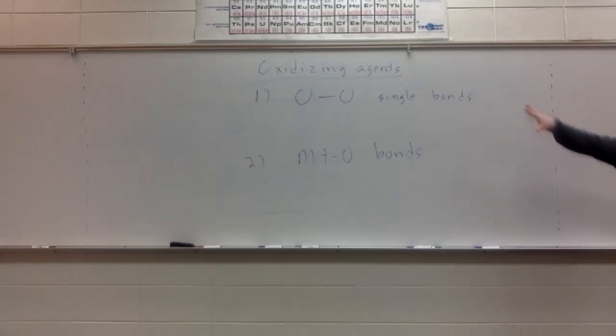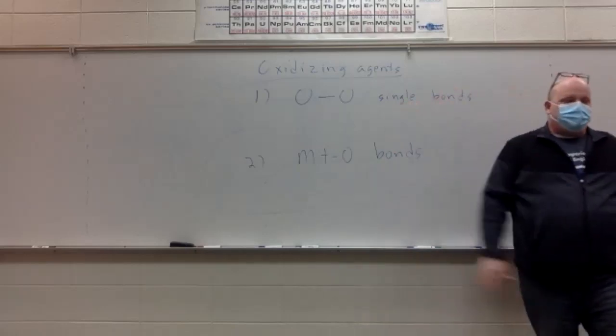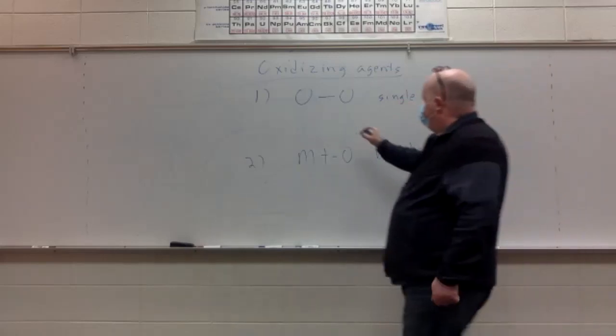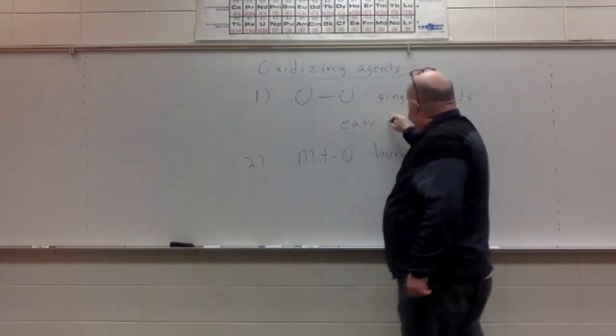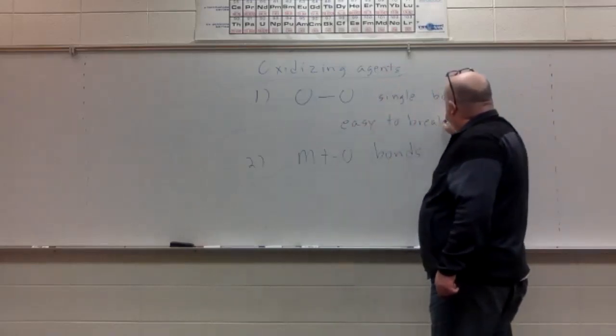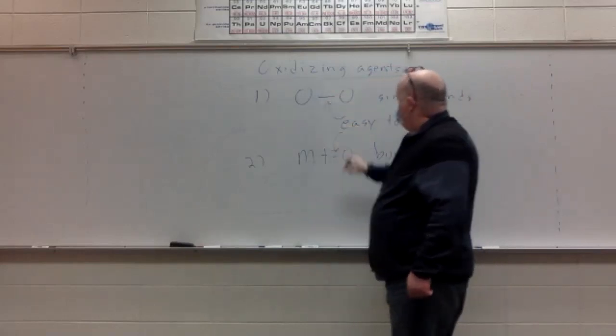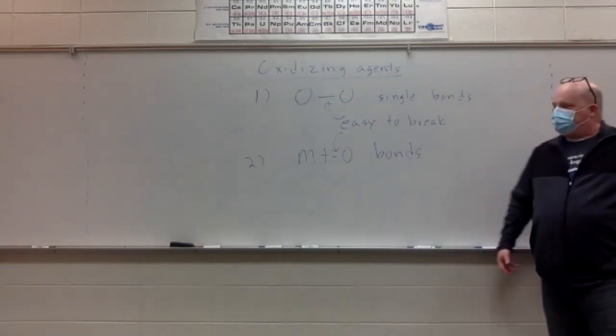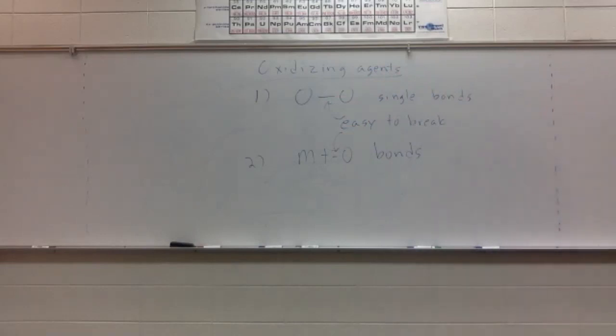Now, even across categories, all these oxidizing agents have a certain commonality. These bonds are very easy to break. So they're fairly unstable species. And we take advantage of this fact to create certain reactive species that will then oxidize other things, right? Now, there's a bunch of specific examples within each one of these.